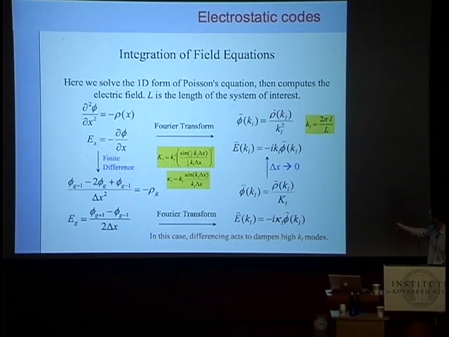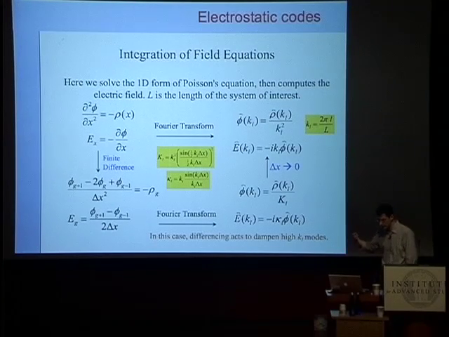So both of them are just Fourier transforms of the charge density divided by different k. And this k is a modified wave vector due to the discretization effects. OK.